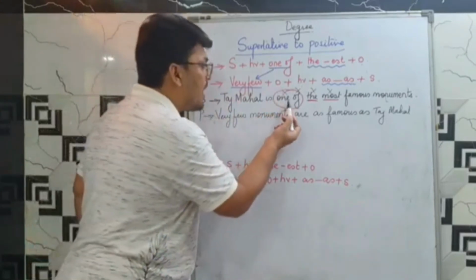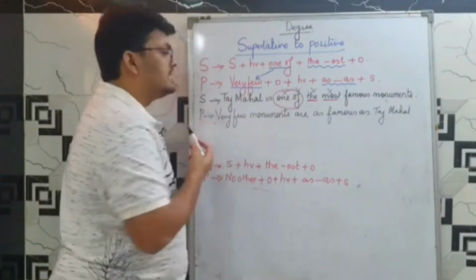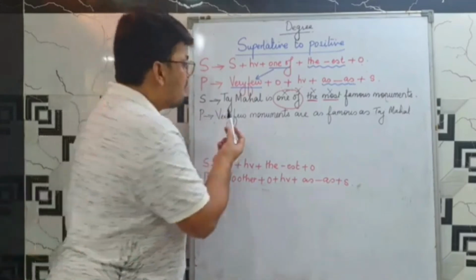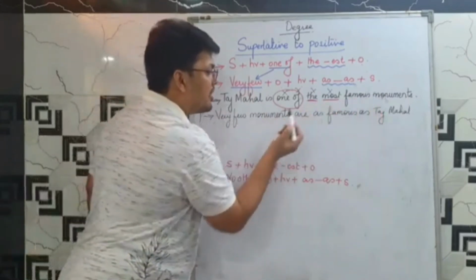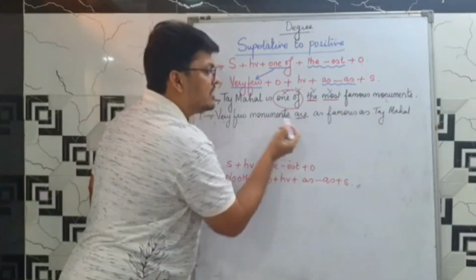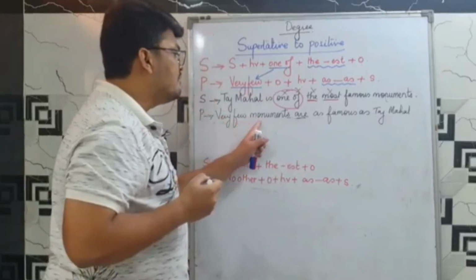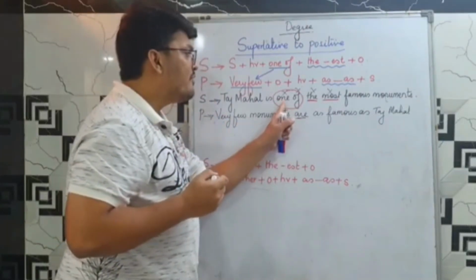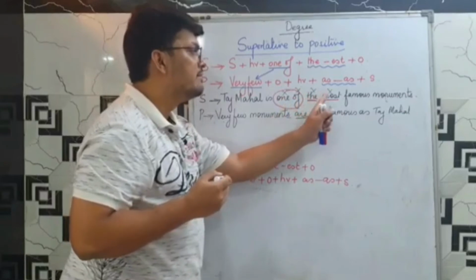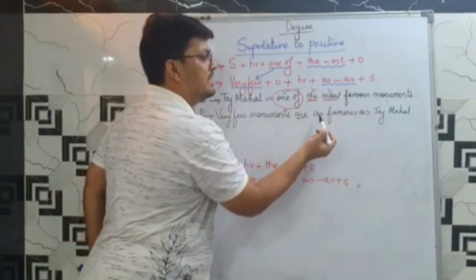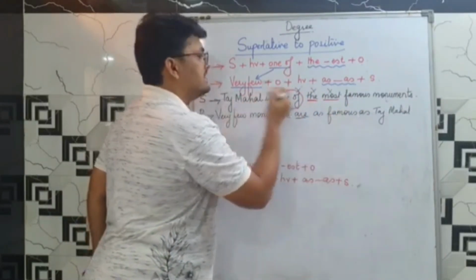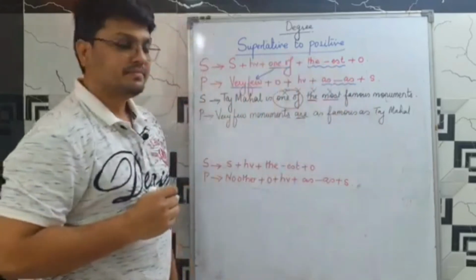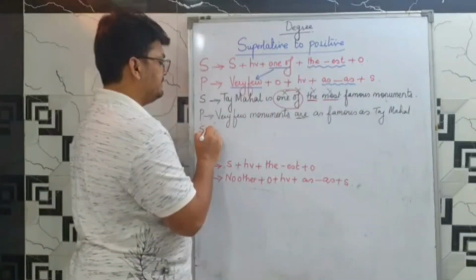So as I saw one of here, I started the positive degree with very few. Very few with my object, monument. This is plural. That is why I used are. So very few monuments are. Remove one, remove of, remove the, remove most, and turn famous into as famous as, and then Taj Mahal will come over here. Okay, let's take one more example.